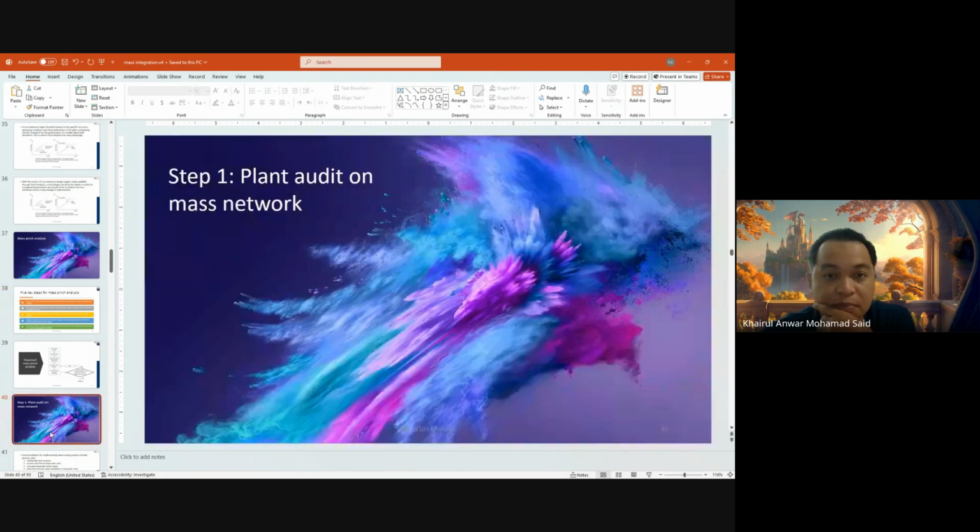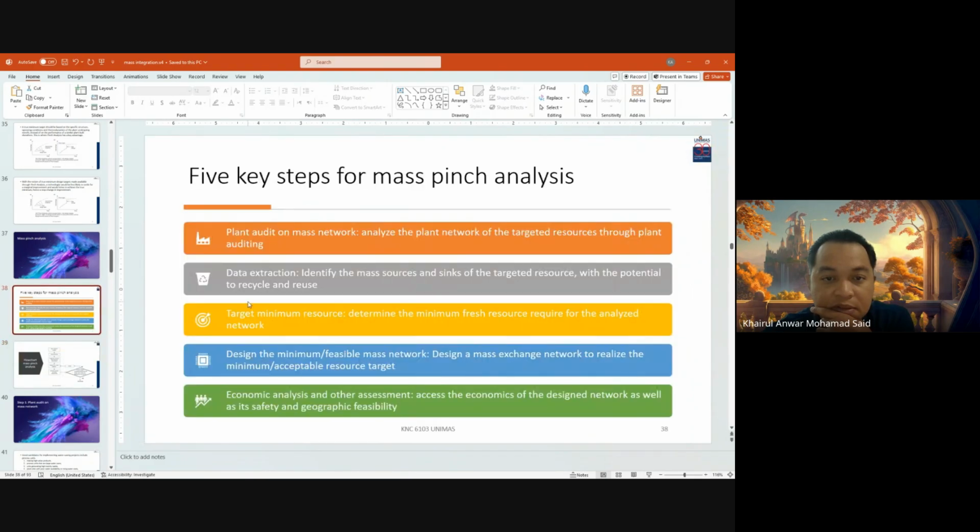One, plant audit on mass network. Two, data extraction. Three, target minimum resource. Four, design the minimum mass network. Five, economic analysis and assessment. We go one by one.